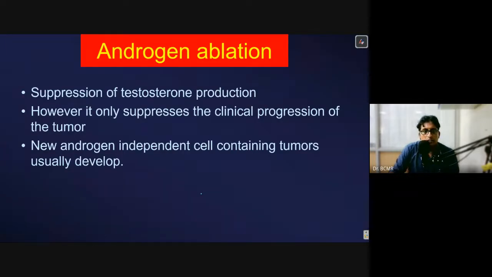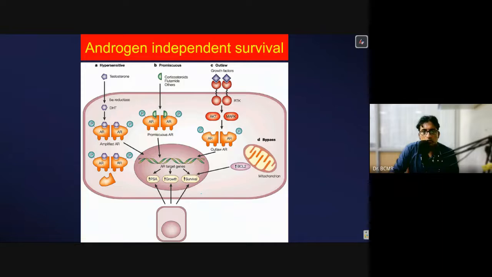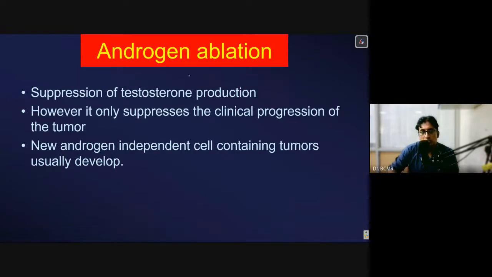Okay, I'll just talk about this one, and I will stop. Androgen independent survival. Previously, we were discussing androgen ablation, where we are somehow suppressing or eliminating the production of testosterone. But the problem is that some new androgen independent cells can come up.